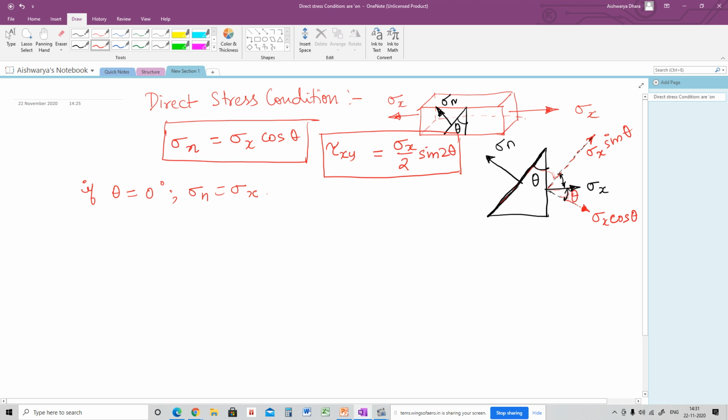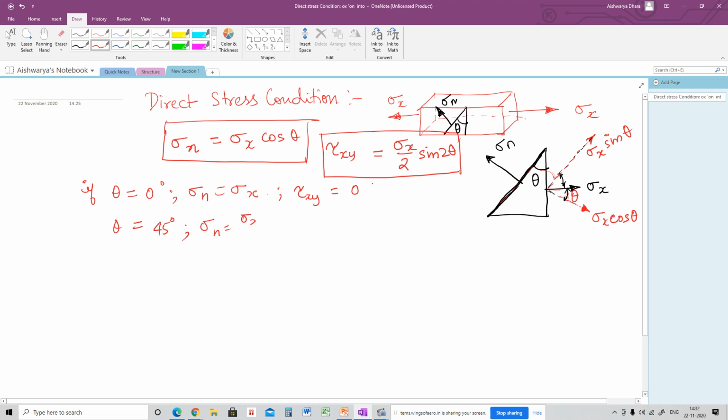Now if you substitute the value of theta equal to 0 over here, what is the value of tau xy? 0, ma'am. Tau will be 0 because sine 0 will be 0. Now when the theta is 45 degree, what will be the value? 0.707 times sigma x, ma'am.